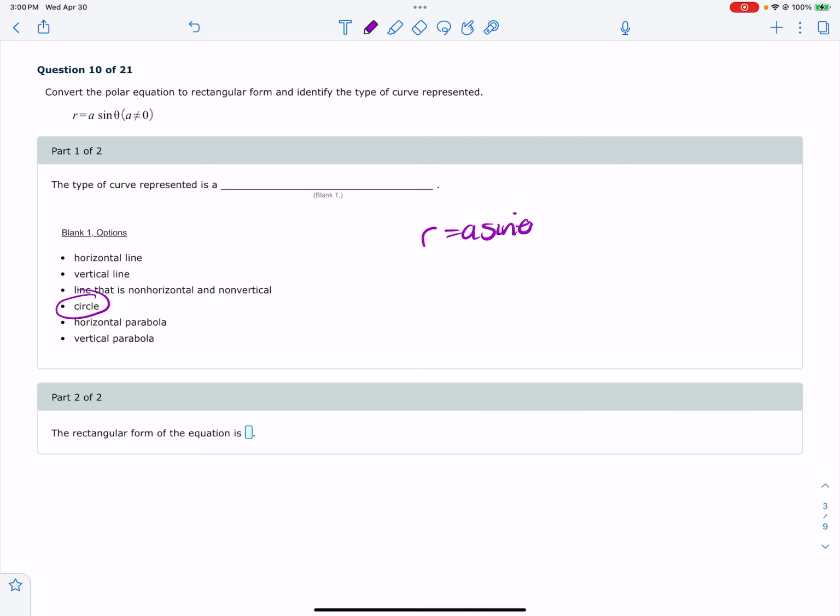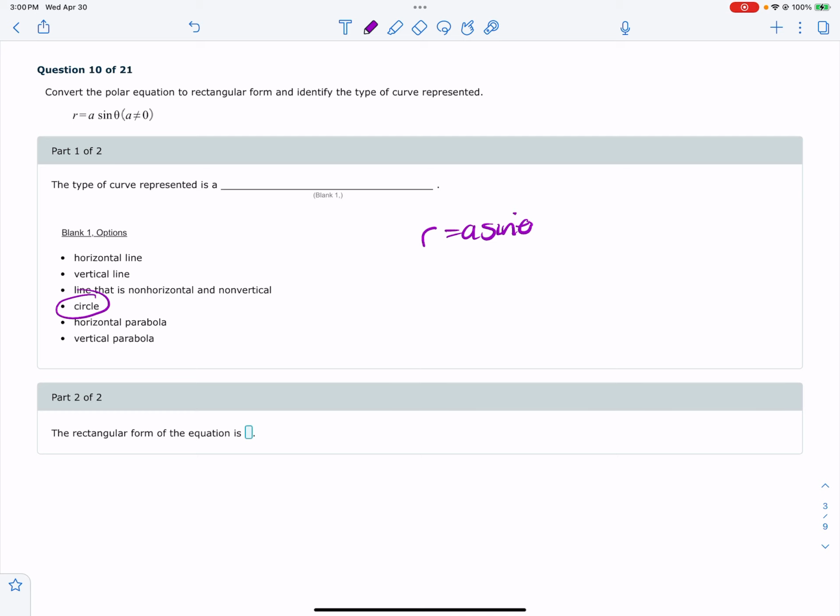So what would happen if I would square both sides? And that would give me r squared equals, oh, no, no, no. How about this? How about we multiply both sides by r?